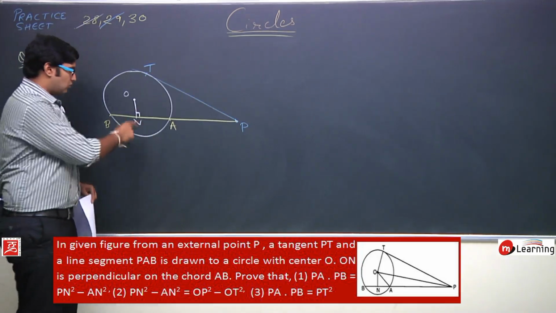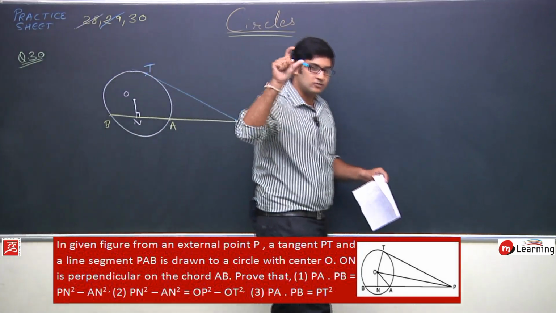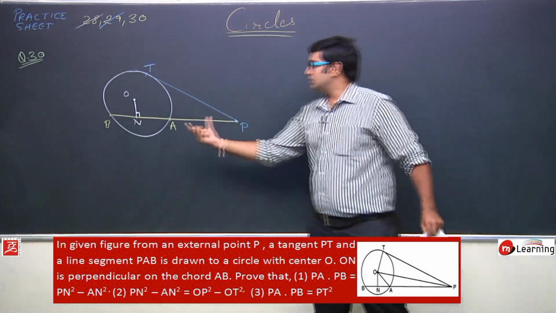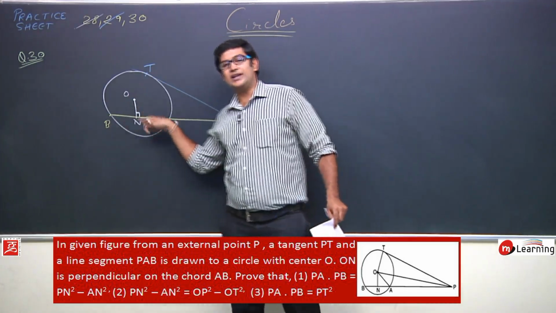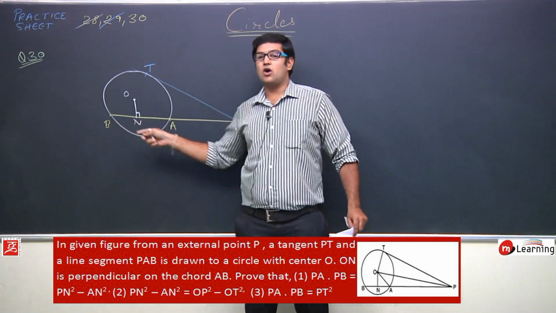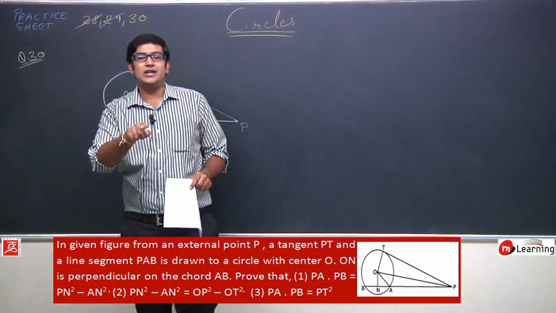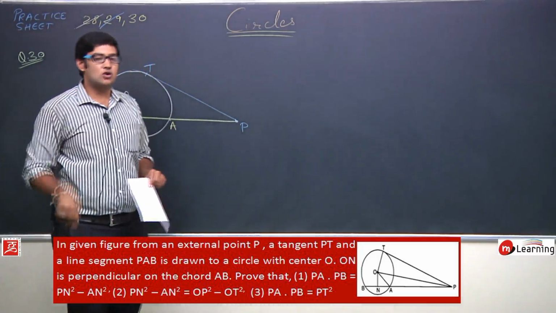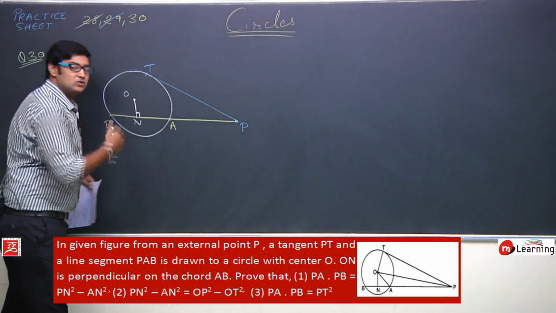Now you can see ON is not a radius, it's a line drawn from the center of the circle to this particular chord, and this line ON is perpendicular to this chord AB. Now just observe this perpendicular drawn from the center to a chord. What is the property if I draw a perpendicular from the center to this chord?